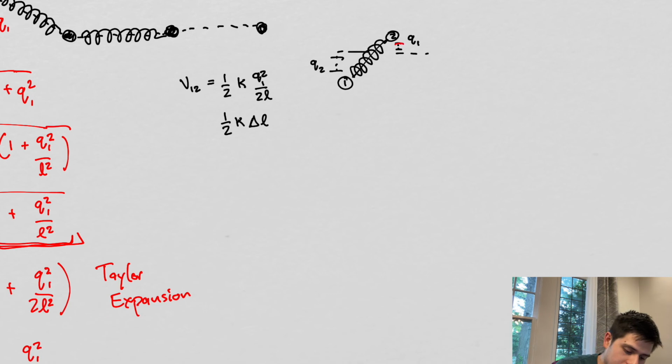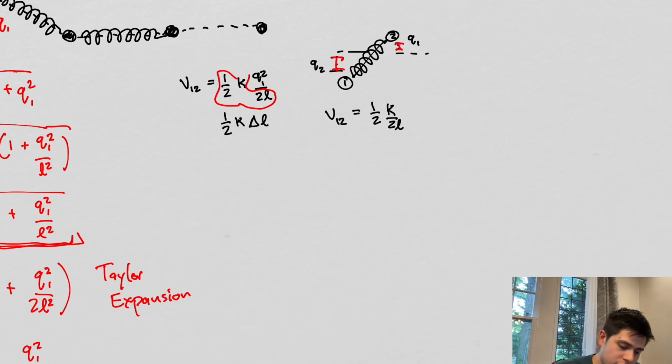So this height here is Q1 and this height here is Q2. Well, the potential in this case is just going to be V12 equals, again, just 1/2 K over 2L, right? So that's this right here.